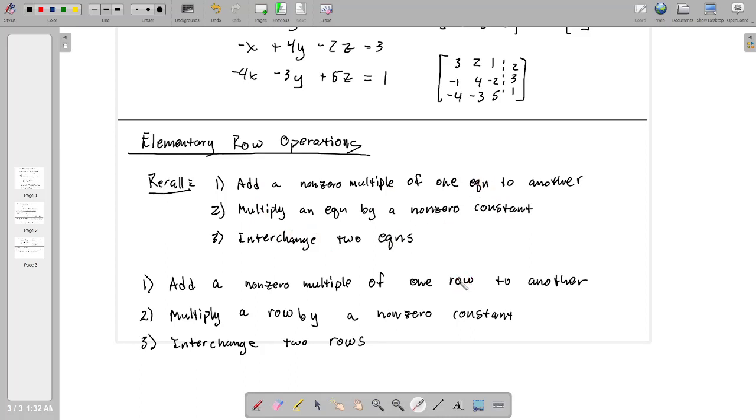Because again, each row is representative of an equation. The second row here is representative of the second equation. The third row is representative of the third equation, and so on. And again, we can expand this to higher dimensions if we wanted to. If we wanted to add a W component, we would just add a column. If we wanted to add a fourth equation, we would just add a fourth row.